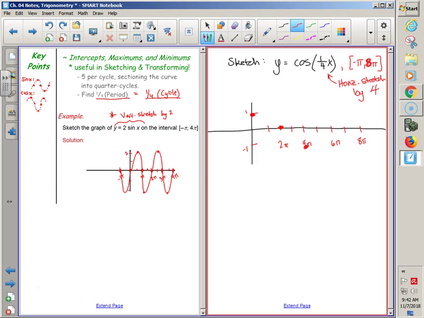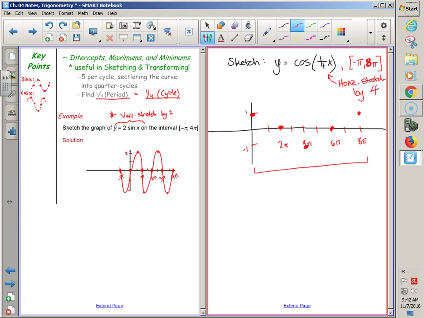Cosine used to hit back up to 0 at 3 pi over 2, times 4 ends up at 6 pi. I knew it because it used to be 2 pi and it had to be 4 times. I thought of 8 pi as this distance cut into fourths.